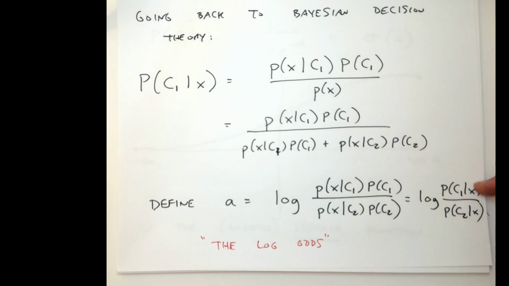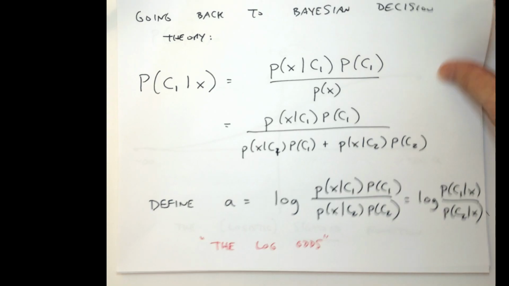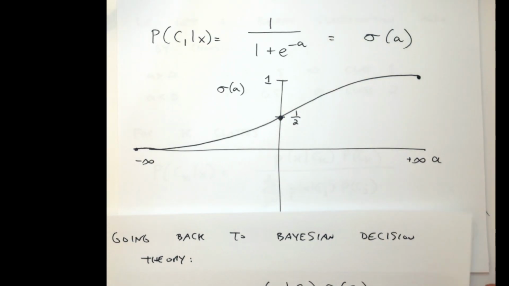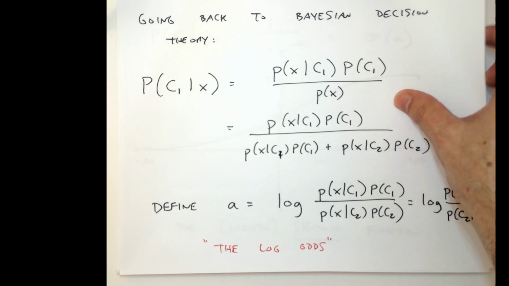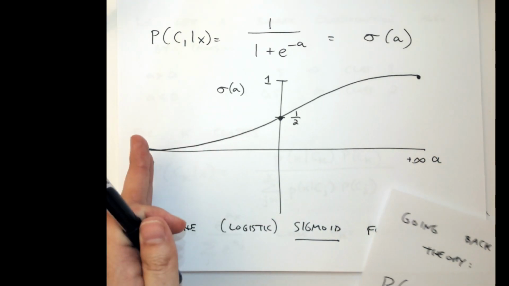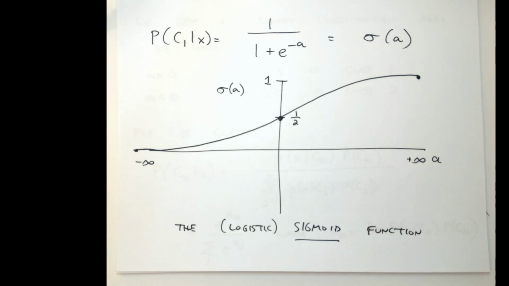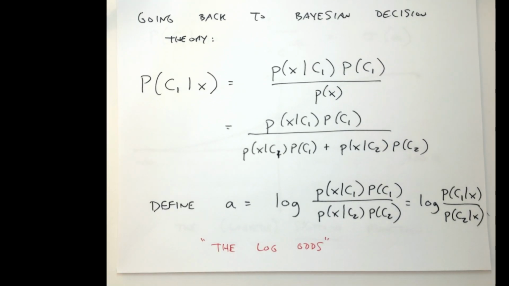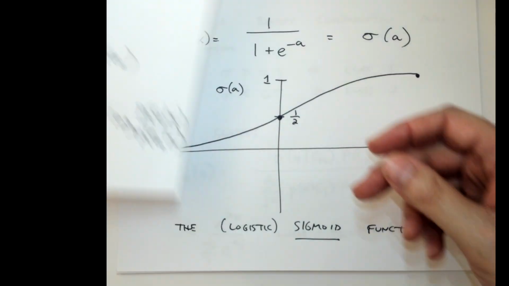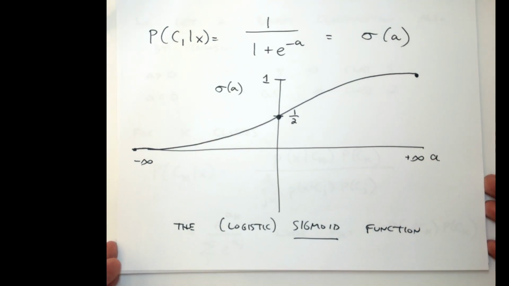If this posterior probability is bigger, then I want to choose it, which means that this number is going to be greater than 1, and this number is going to be positive. And that means that sigma is going to be greater than a half, right? If this posterior down here is bigger, then this number is less than 1. I have a negative log, so A is less than 0, and I'm on this side, right? So that whole equation, the sigma, is that equal to the posterior probability?